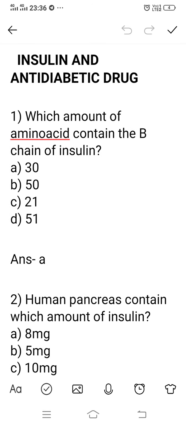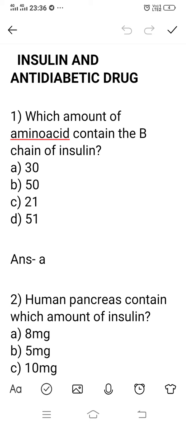Which amount of amino acids does the B chain of insulin contain? Actually, at first, what is the nature of insulin?